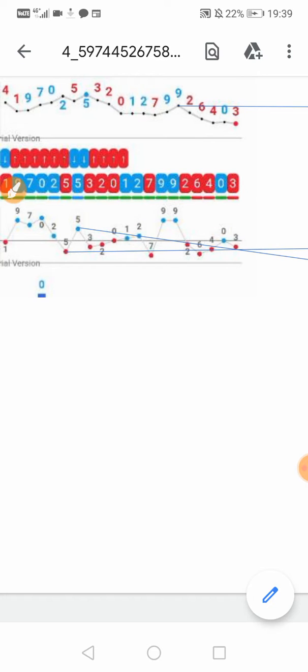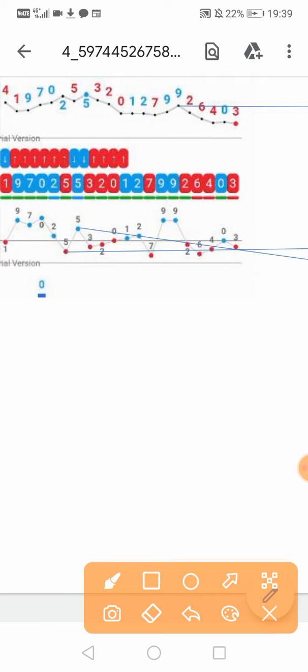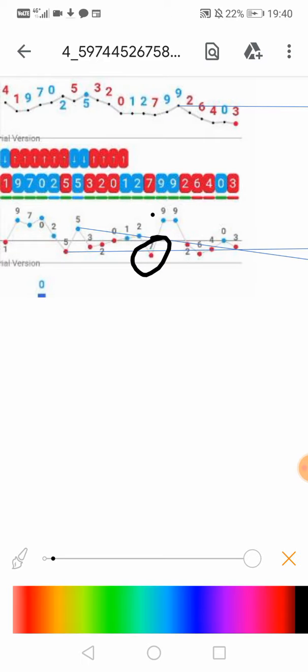But just to make our stuff clear, you notice that this 7 red appeared, right? And remember, I said the number that breaks any of the levels here. Again, you have a 5 and this.